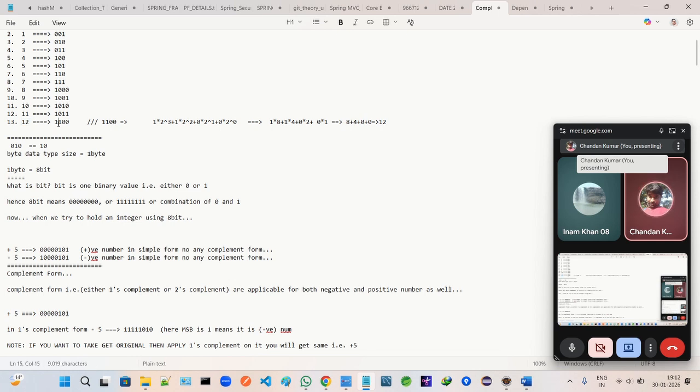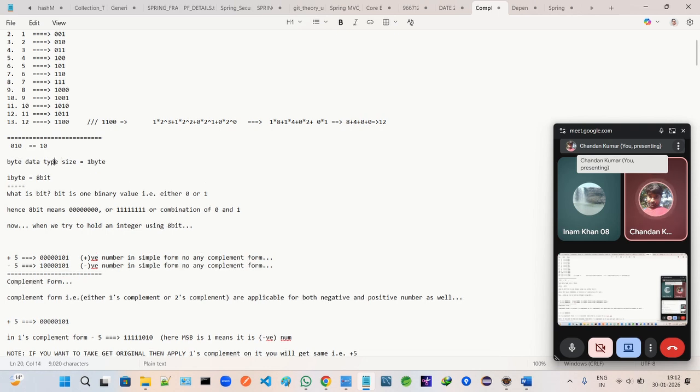Now in our programming system, what is the minimum size? It is the byte data type, right? And byte has 1 byte size, and 1 byte means 8 bit. It means if you declare a variable of type byte, and suppose the variable is num, and in that num you are trying to hold the value 10. The binary value of 10 is 1010.